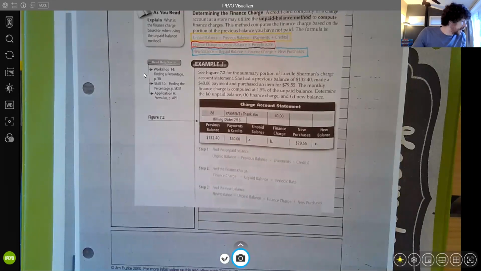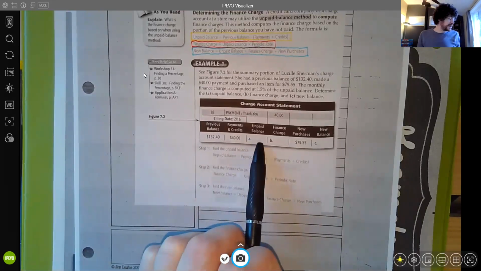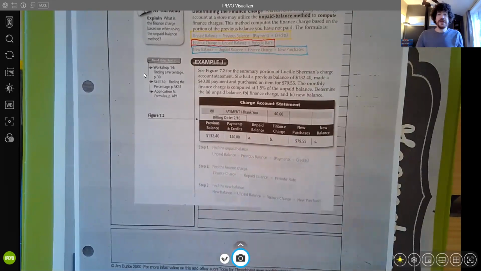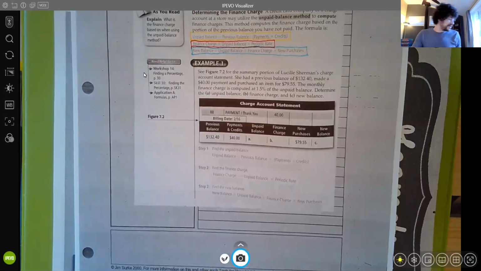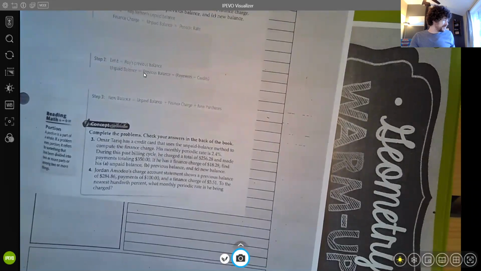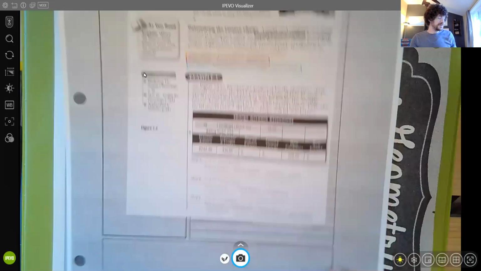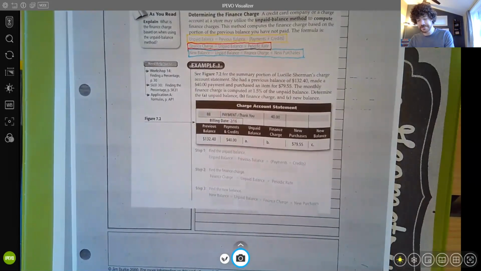So as we go through here, we're going to be solving for three things. We're going to be calculating the unpaid balance, the finance charge, and the new balance of this particular problem. So I'm going to read through this problem and we'll go through that one. And I think there's a couple more on the back that we'll do after that. Yeah, about 3 problems on the back as well. So it shouldn't be a really long day worth of notes. We should be able to get through this with a little bit of time to spare.